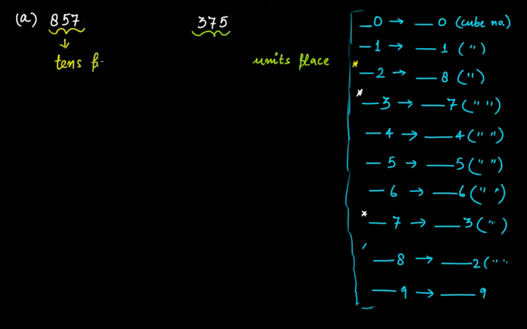It means that your cube root will have 2 digits. The units place will come from here, and the tens place will come from here. Now the number 8,57,375 is a cube number, right?